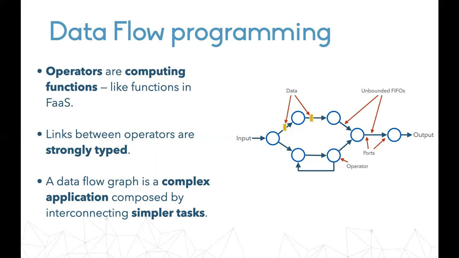Of course, in the data flow paradigm, there are some special kinds of nodes, although they are not operators, which are the source and the sink of the graph, named input and output in this picture. As we can see, we have different components of those graphs. We have data, we have links that in theory are unbounded FIFOs, and then the connection between the links and the operators, called ports. And of course, we can have loops, and we can have data that flows.